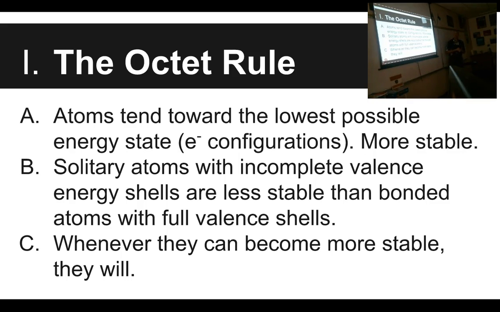And an atom would rather be bonded to another atom, and between the two of them have full energy shells, than to be by itself with an incomplete energy shell, an incomplete energy level, right? So this is all going to be about the valence electron shells, the outermost energy level. And we're going to be looking at how they find the more stable condition. Whenever they can be more stable, they will be more stable.